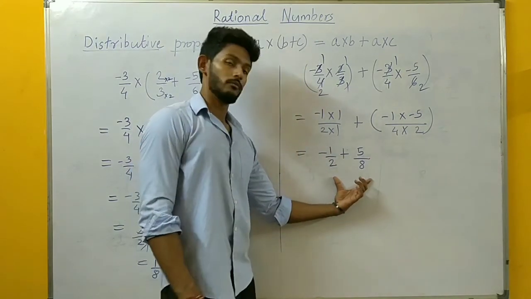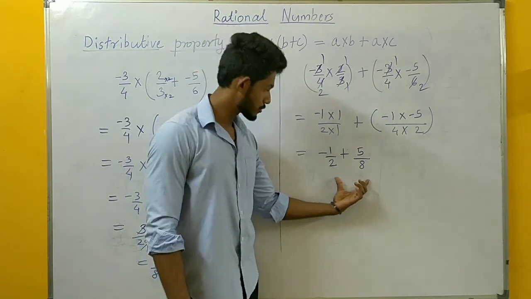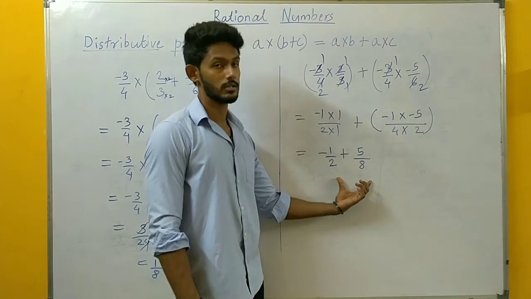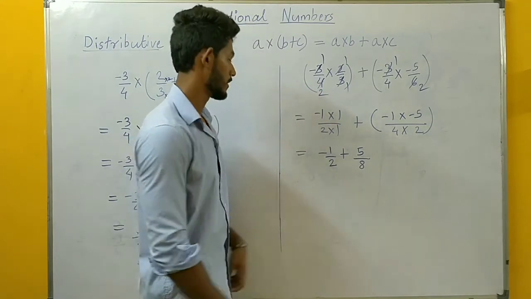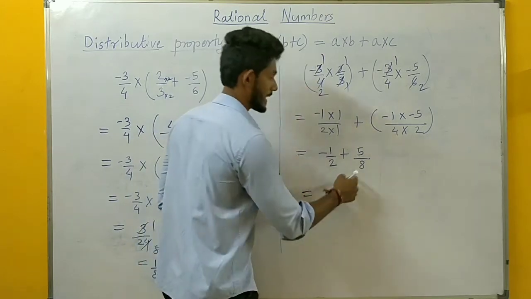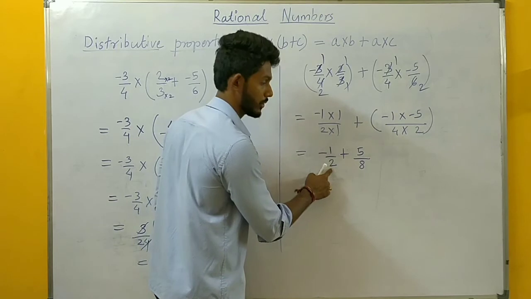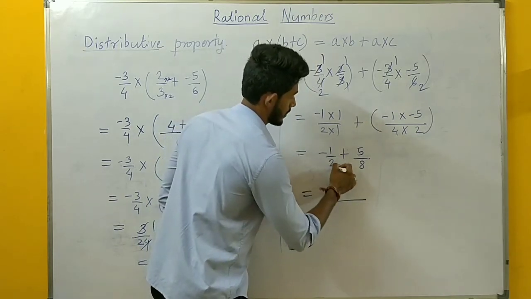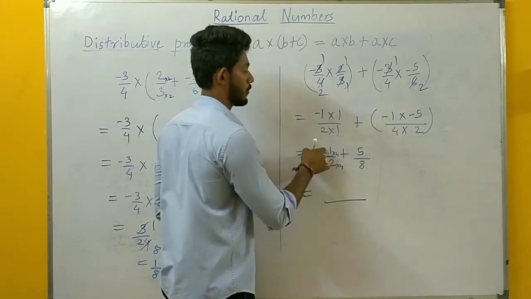Now we will have to add these two rational numbers, and in order to add these two rational numbers with different denominators, we will have to make the same denominator, that is we will have to find the LCM of these two numbers. So the LCM of 2 and 8 is 8 itself, so we will have to multiply 4 to these two to make this 8. So since we are multiplying 4 to this denominator, we will have to multiply 4 to the numerator as well.